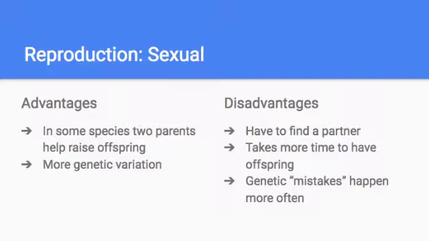And there's more genetic variation, so there's a wide range of variation from children to parents to grandparents, and if you keep going down the line, sometimes this can help get rid of some types of diseases if people are immune to them. A disadvantage, however, is there has to be two people, and it takes longer to have offspring, and then more genetic mistakes can happen. That happens at the genetic level, where the DNA in our cells can actually make mistakes.